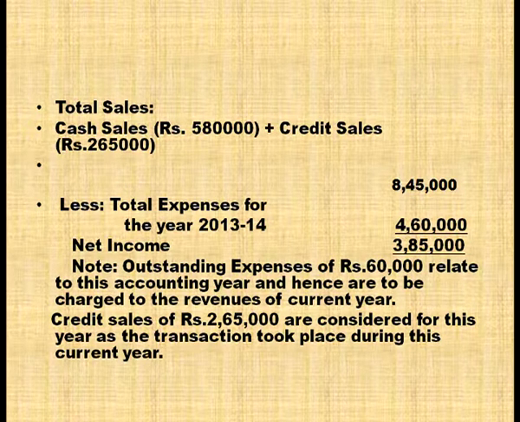Outstanding expenses of 60,000 rupees relate to this accounting year, hence are to be charged to the revenue of current year. Credit sales of rupees 2,65,000 are considered for this year as the transaction took place during this current year. Let us have a look at the difference between accrual basis of accounting and cash basis of accounting.